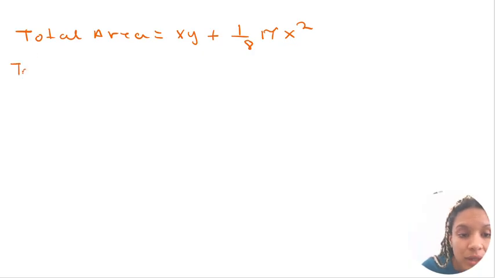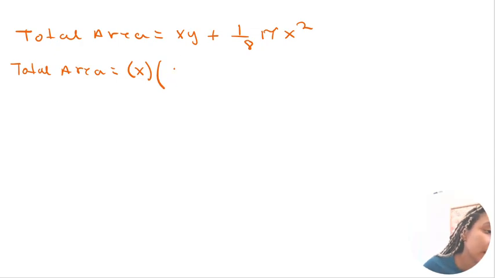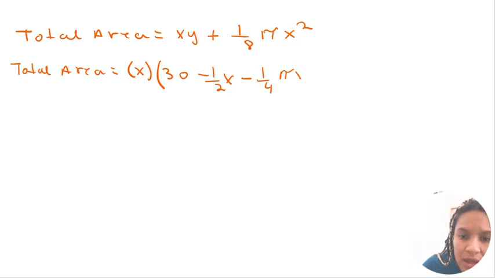So my total area, I know what y is. Y is 30 minus 1/2 x minus 1/4 pi x, close parentheses, plus 1/8 pi x squared.